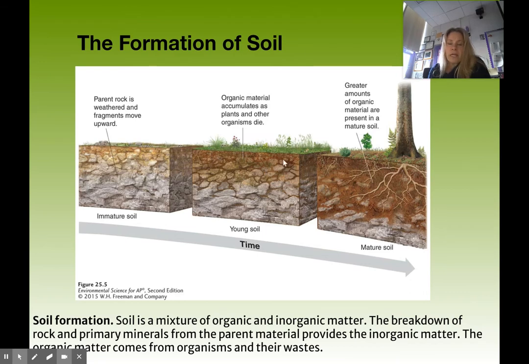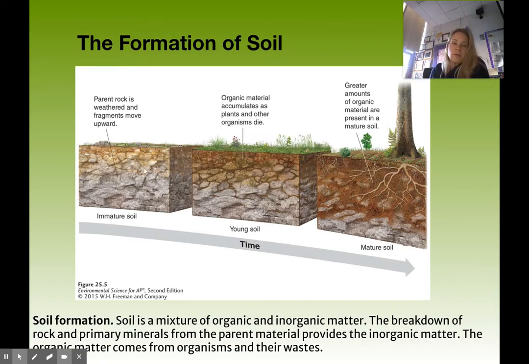As that organic material grows and then dies, it mixes in and supplies some nutrients. Physical and chemical weathering are still occurring, so you get the breakdown into smaller and smaller pieces of rock mixed with organic material, which is basically what soil is. You can see that over time, it becomes a well-developed soil profile. A soil profile is just different layers, which we'll talk about in a minute.